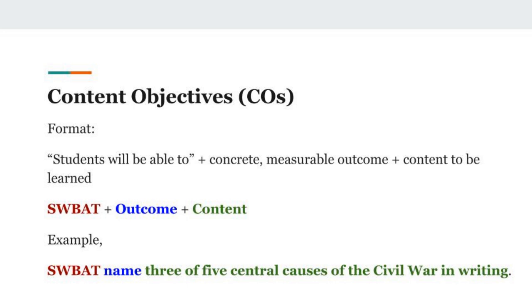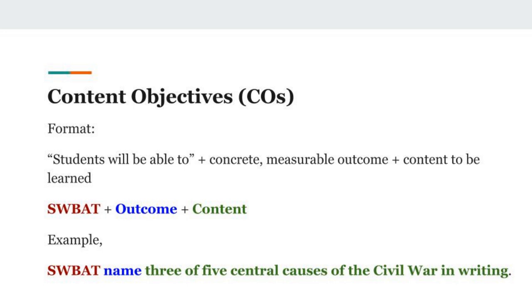The second part to a content objective is the measurable outcome, which is the criterion based on which the student will be evaluated. Finally, the third part of a content objective is the exact content to be learned.